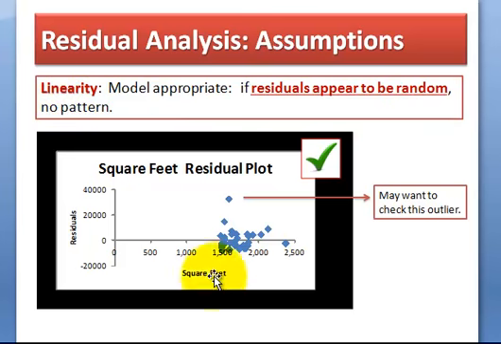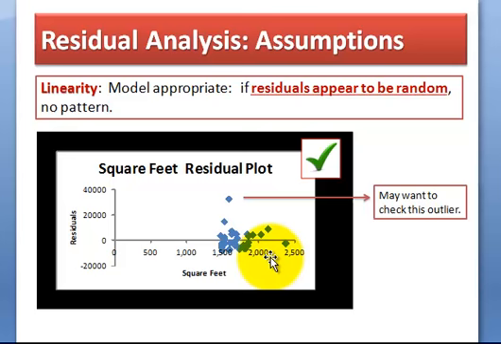What we're looking for, and again Excel gives this to you, is the residual plot. Here's all my residuals plotted from 0 to whatever the biggest residual is, across my square footage. The thing I'm looking for is randomness, or no patterns above or below.